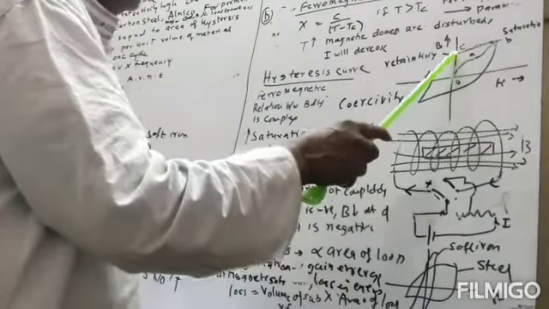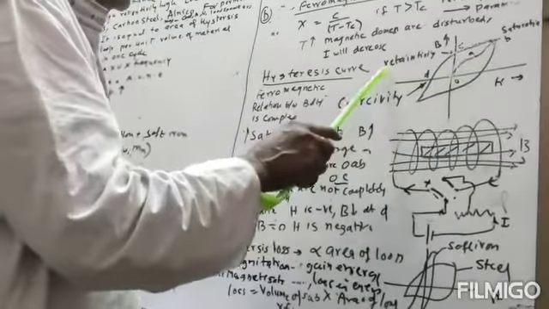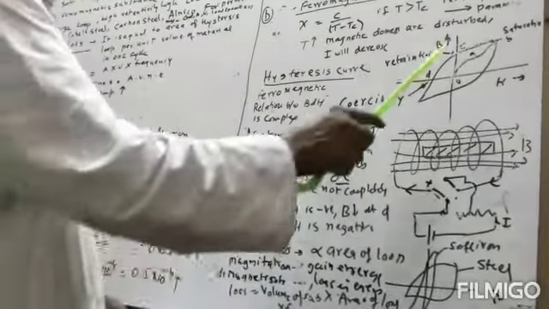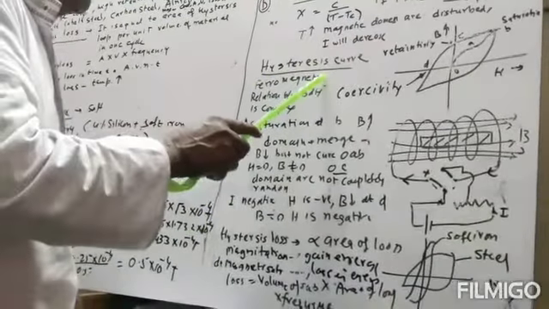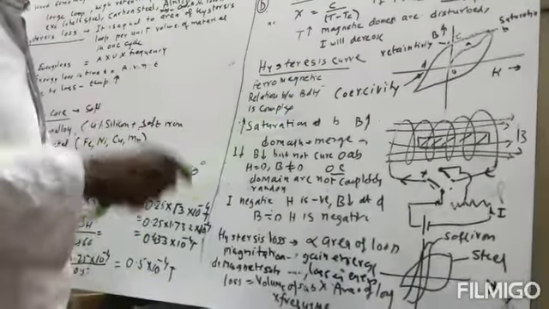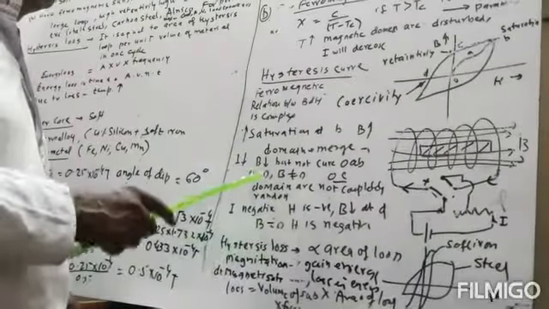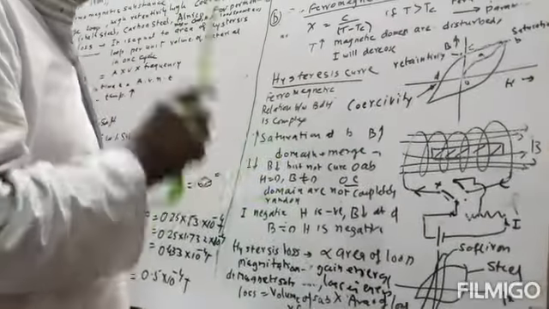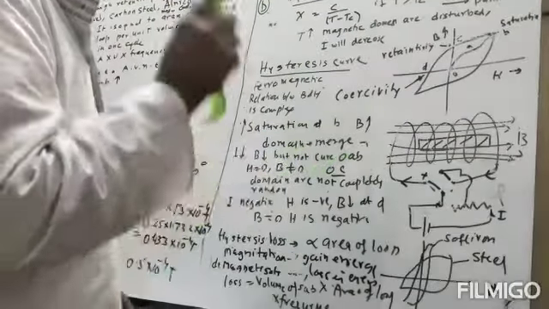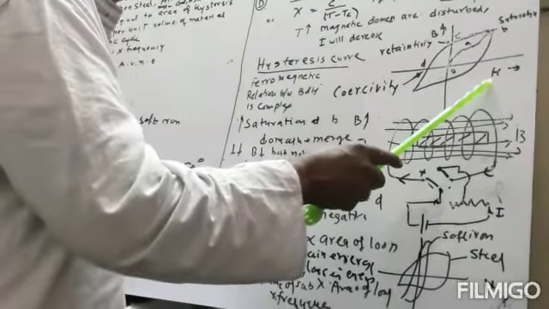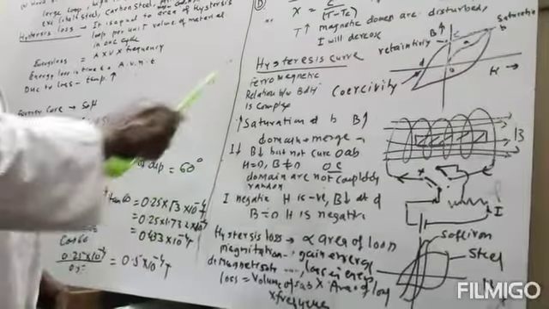So this point, the C point, is the retentivity point. Now what do you mean by hysteresis? Hysteresis is a property of the magnetic field by which the magnetic field B will lag behind the changing magnetizing field H. So this property is known as hysteresis.